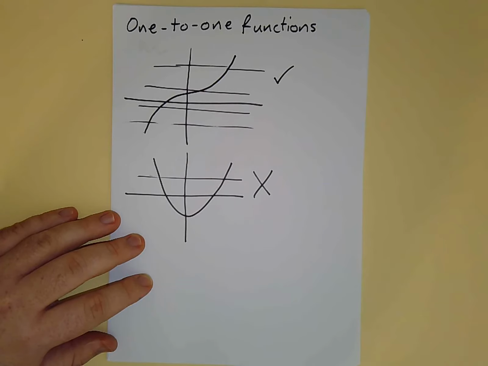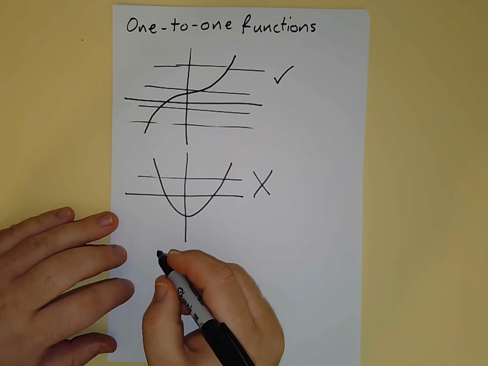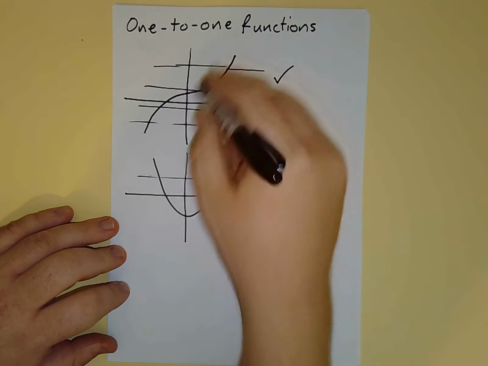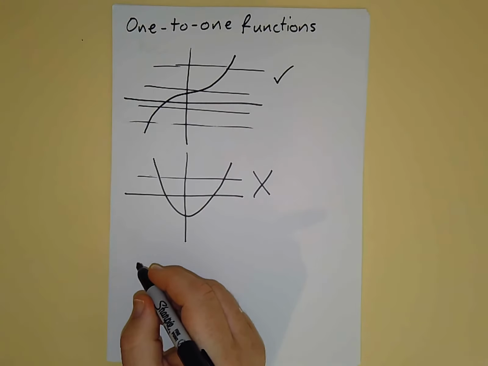Now, with this, remember, it doesn't always have to be a rule. It doesn't always have to be an equation. So this one here might have an equation, but we could also have sets of points going to other sets of points.